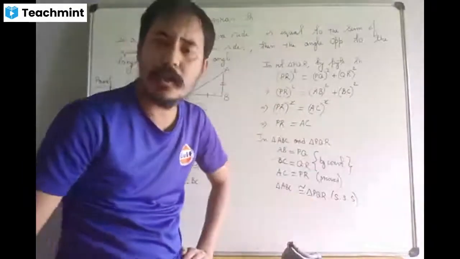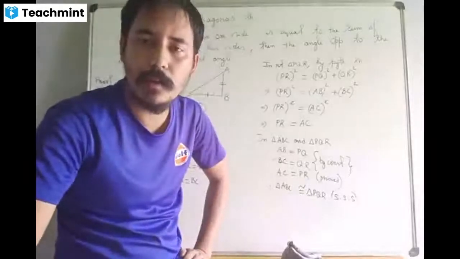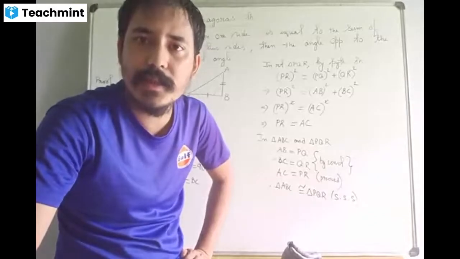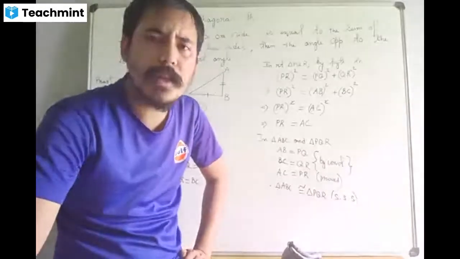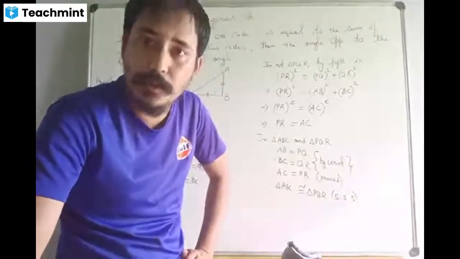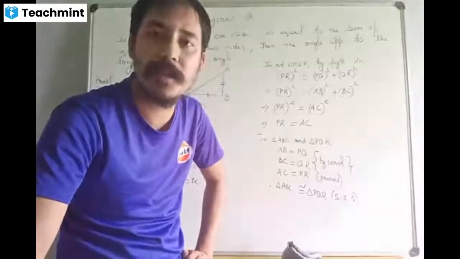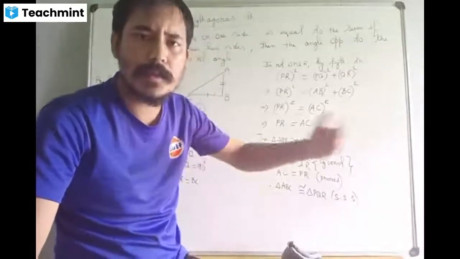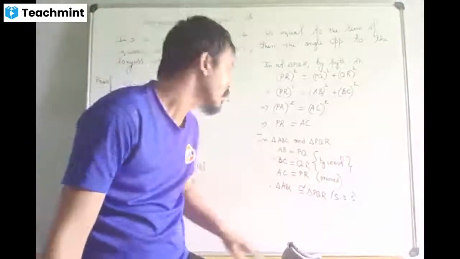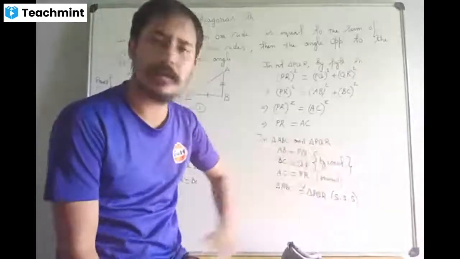Now, if two triangles are congruent, then all their corresponding angles will also be equal. That is what we call CPCTC: corresponding parts of congruent triangles are also congruent. In short, we say it as an abbreviation. So all the sides of these two triangles are equal, so they are congruent.